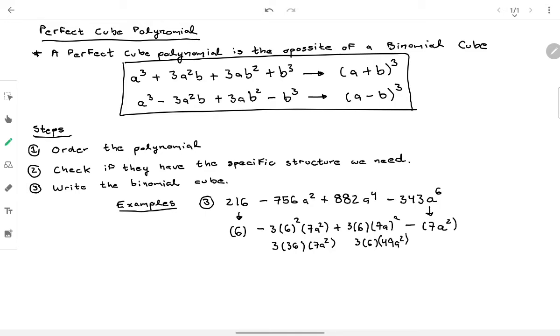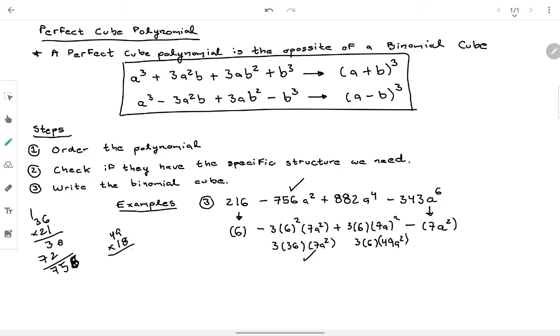So let's see our multiplications. The first one, it's going to be 21 times 36. So it's going to be 756, so it's okay. Let's check the second one. Well, the third term, it's going to be 49 times 18.